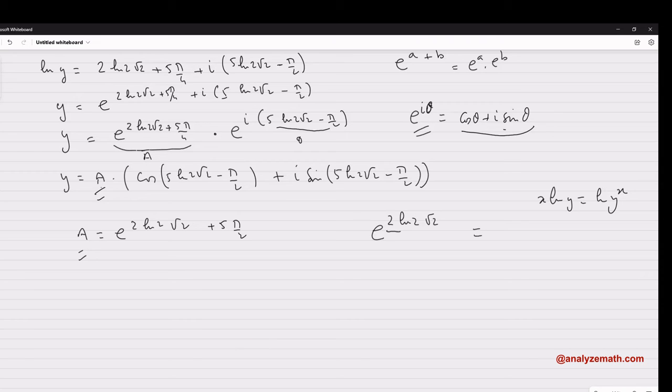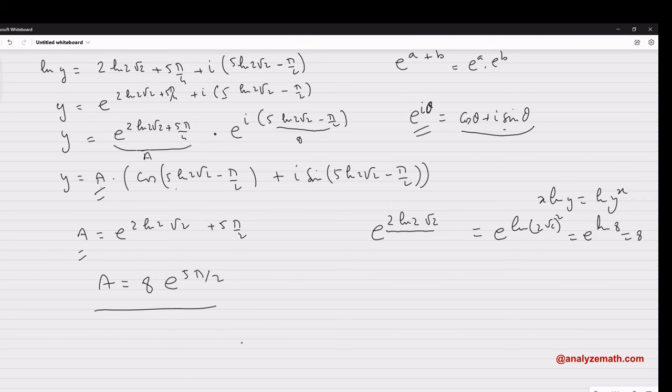We are going to apply it here. So this is e to the power ln of 2 square root of 2, to the power 2. Now this gives me e to the ln, and this power 2 gives me 8, and all this simplifies to 8. So this A will be 8 e to the power 5 pi over 2. That's for A.